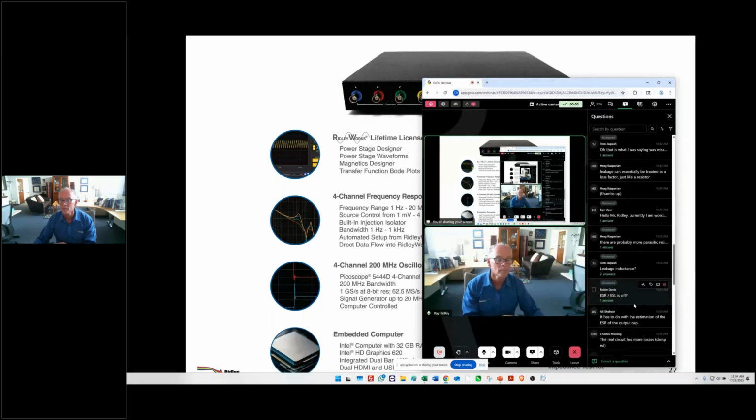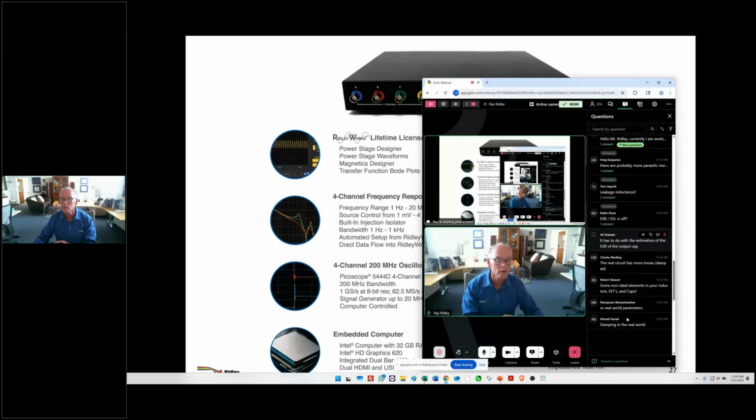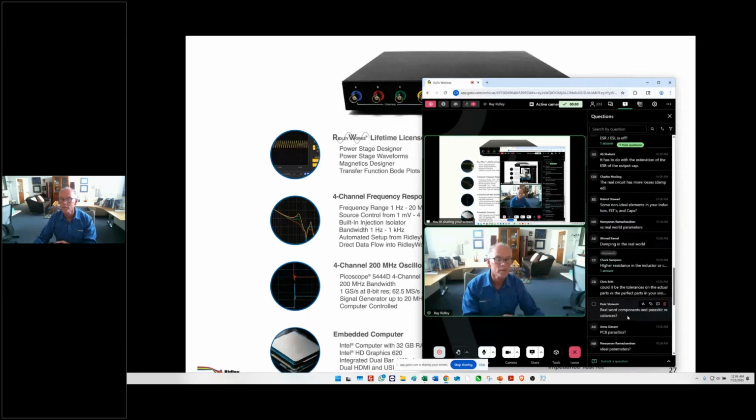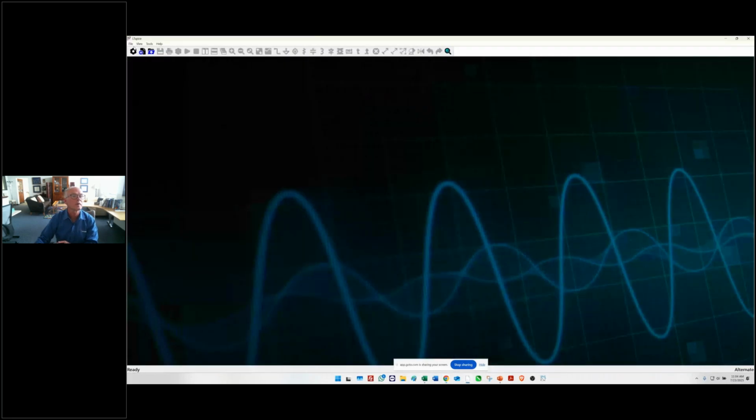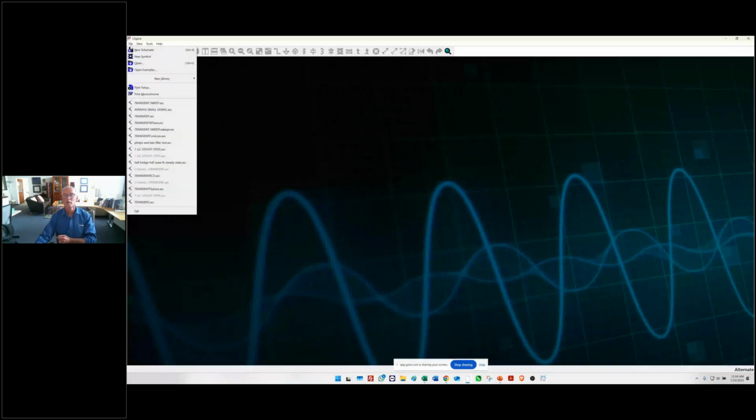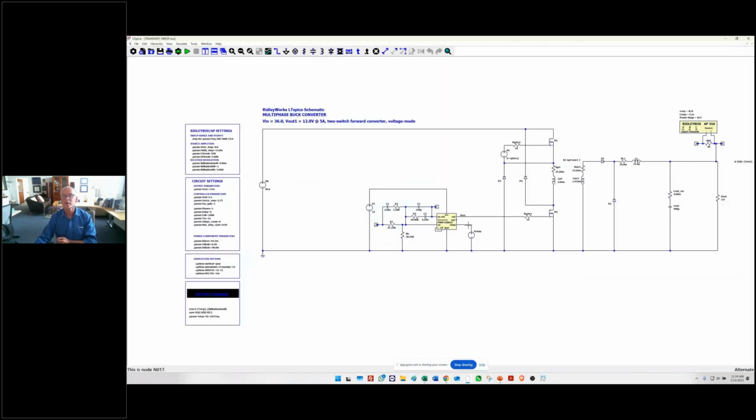Estimation of the ESR of the output cap, that's all. Real world components have parasitic resistances. Well, if we go into LTspice and do that transient sweep, you can take this transient circuit here. We've shown how you can include leakage.